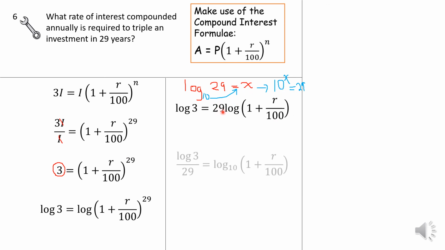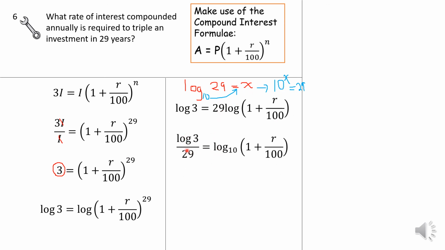So first I'll get rid of this 29 by dividing throughout by 29, and then you realize I put log base 10 here because I want to get rid of this log here. So I'm going to use this 10 as I indicated there, by raising base 10 to this whole stuff here. So that's basically 10, the base, raised to the power of log 3 divided by 29.